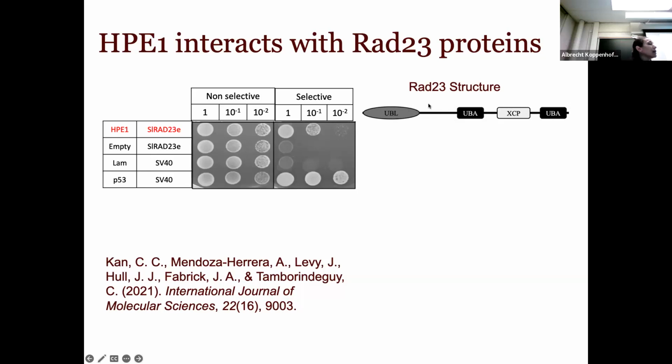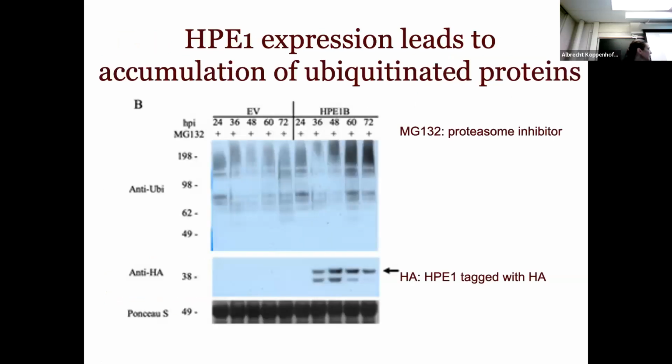So based on that, we hypothesize that our effector is going to disrupt the degradation of ubiquitinated proteins, so we were going to have accumulation of ubiquitinated proteins in our plants. And so we tested that. What we did is we expressed our effector on this side, and here the effector is not expressed.